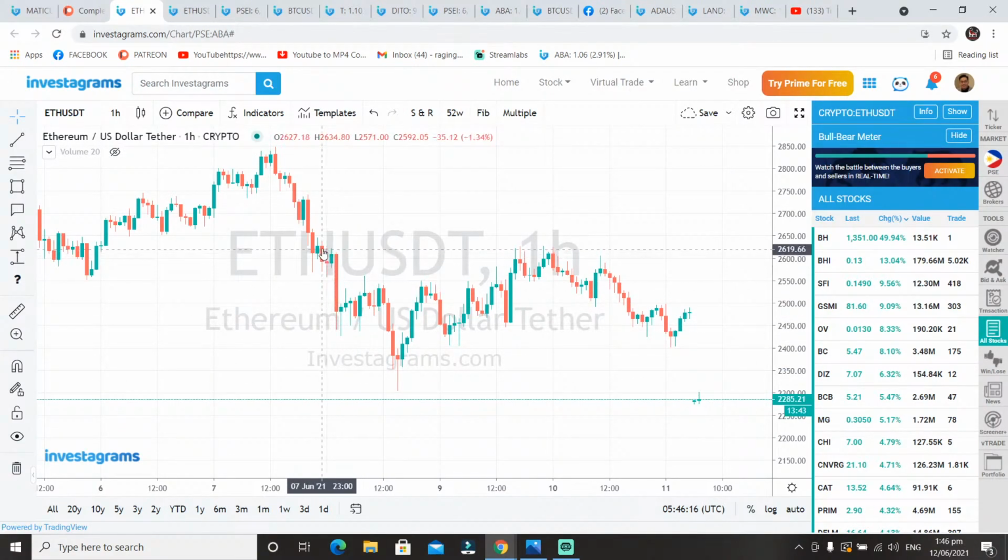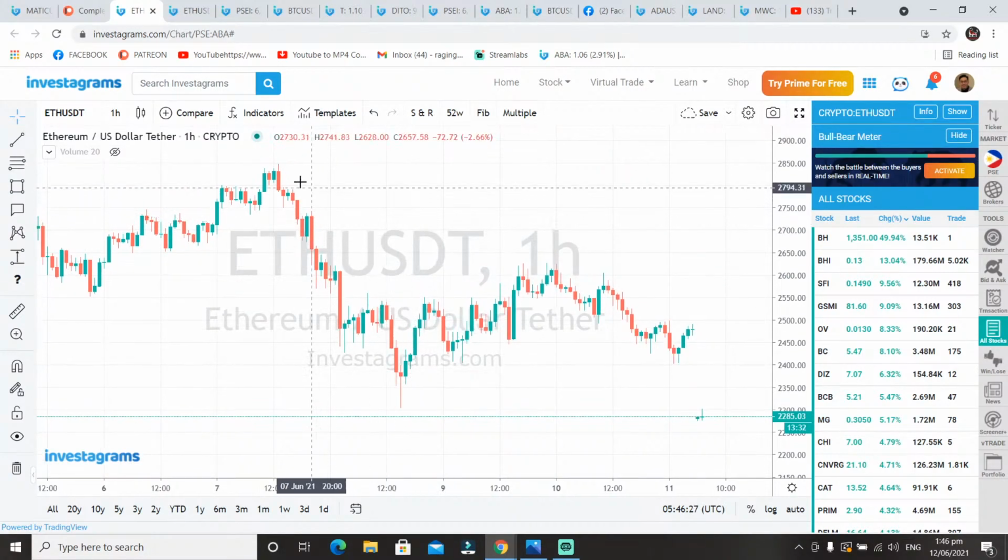But okay, what happened is that if we re-evaluate, instead of using this whole impulse, this is also one of the things that you should try to practice, okay? There are no rules stating that you need to use the whole impulse. As long as there are some pullbacks, for example, price from here went down to this level, then made a pullback at this level, then goes down again, then made a pullback.